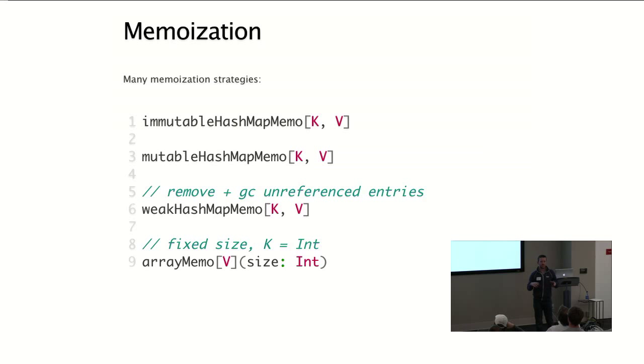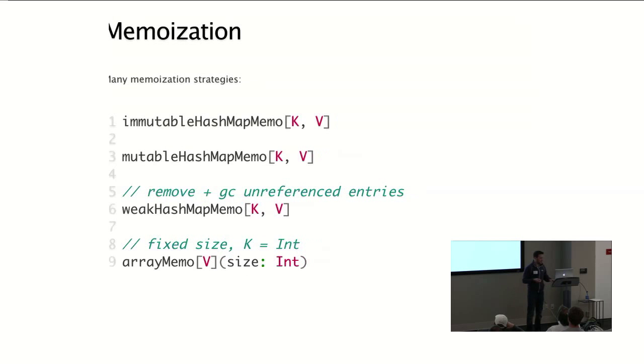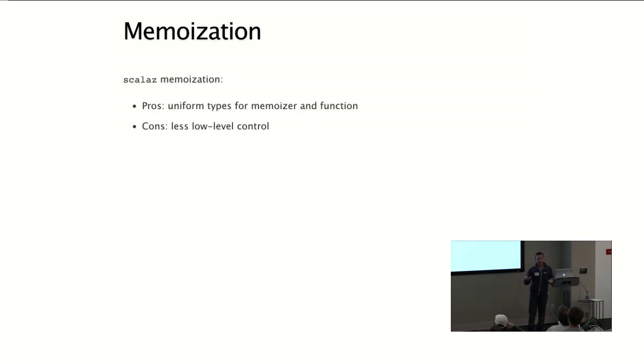So it's pretty versatile. I use it a lot in my code, and it's just easier than changing the signatures around. The downside, I guess, is there's less low-level control. If you want some sophisticated strategy, perhaps Scalaz doesn't provide it, but a lot of times you just want to have a map backing something, and you don't care.